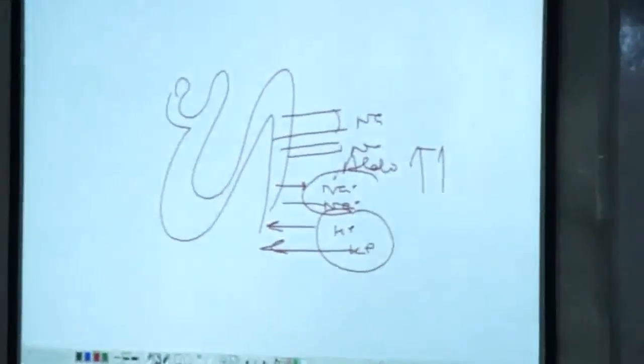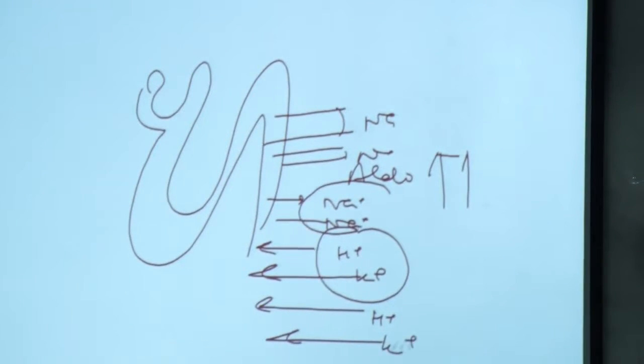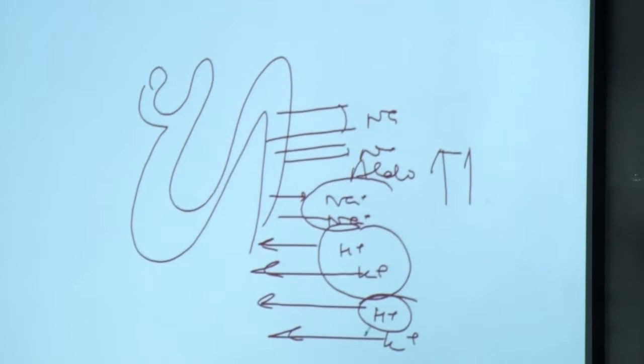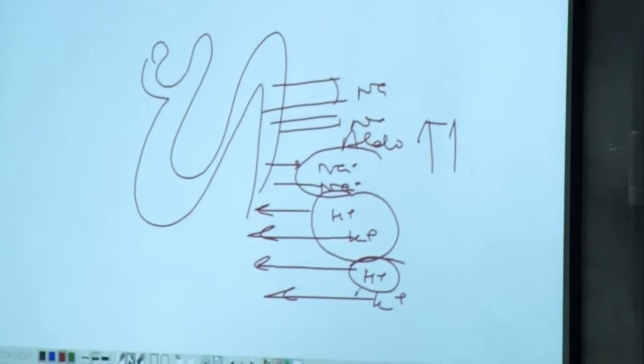Now when there is hyperaldosteronism, more and more aldosterone, more sodium comes in. 2 were coming, now 5 have come in. The body has to throw out 5 positive, so body will throw out H+ and potassium more. H+ goes out causing metabolic alkalosis, and potassium goes out causing hypokalemia.